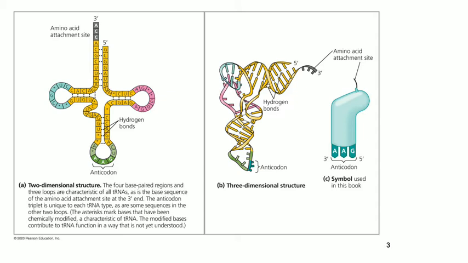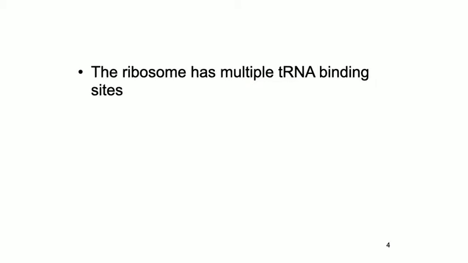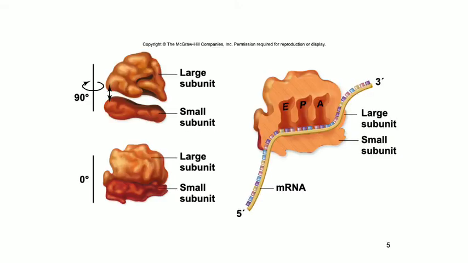The next important player in this action is the ribosome. Okay, let's look at what a ribosome looks like. It's going to have 3 specific binding sites for tRNA, and they are called P, A, and E sites. But let's review the overall structure of ribosomes. Remember, ribosomes are just a cluster of proteins and RNA stuck together.